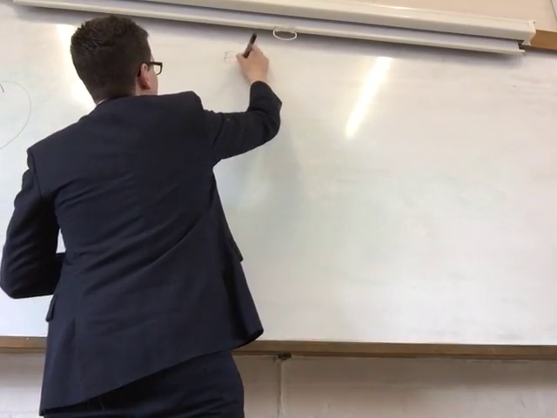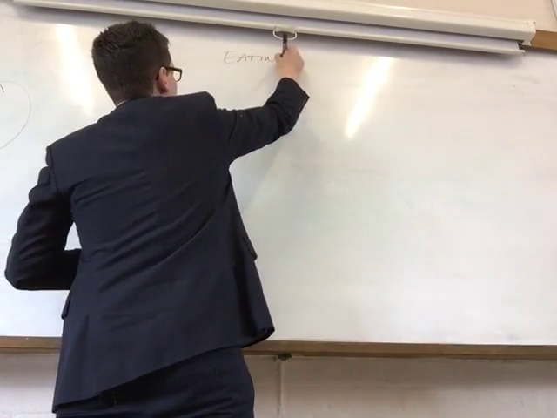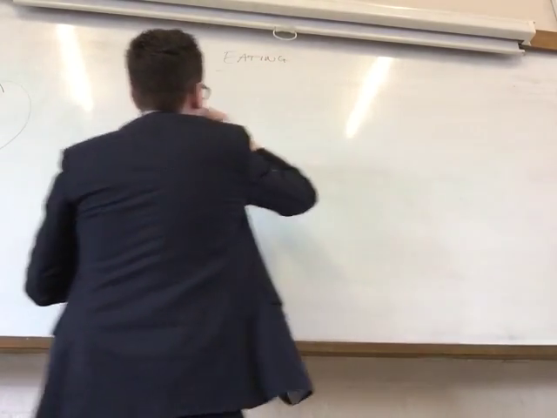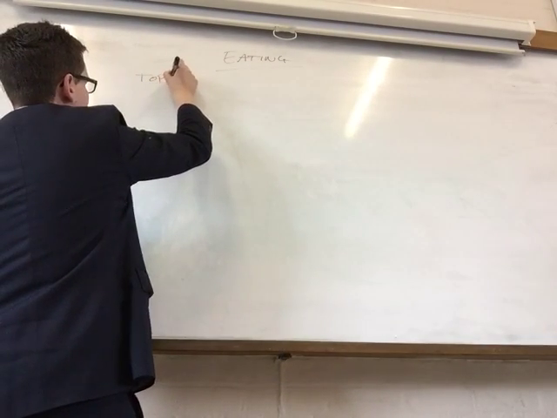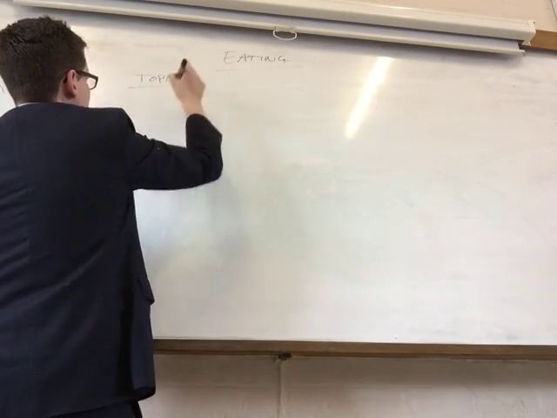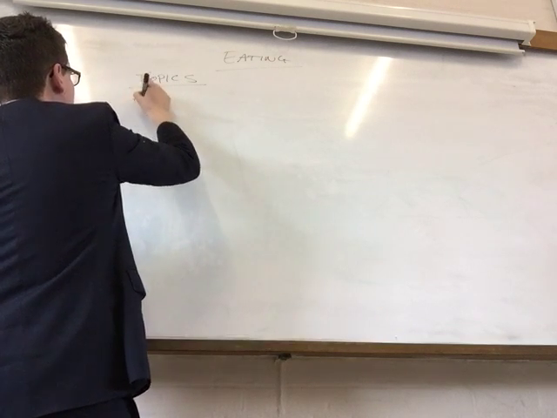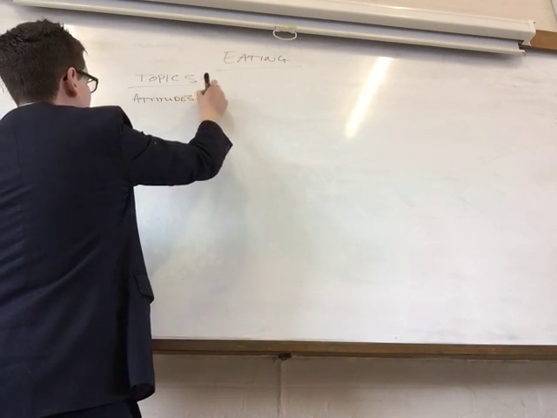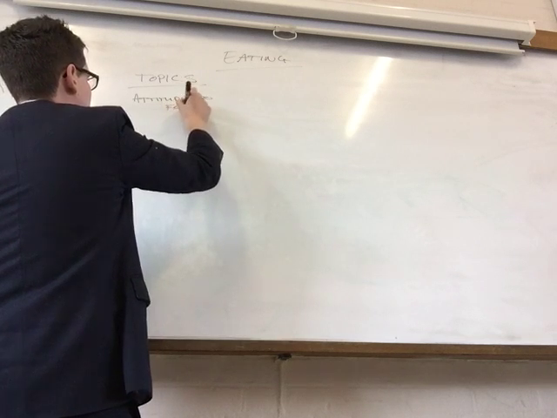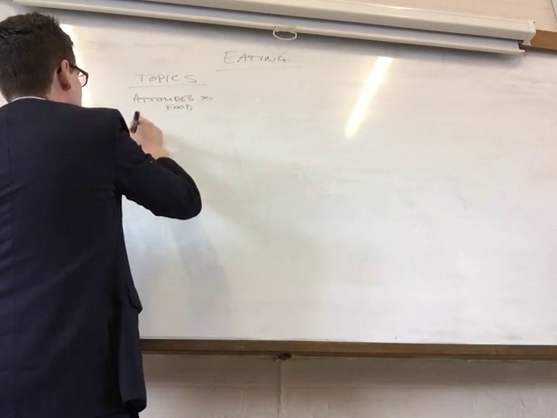So this is for the eating topic. I'm going to split it down into the 6 different parts of the topic. So the first was attitudes to food. Then we looked at dieting.